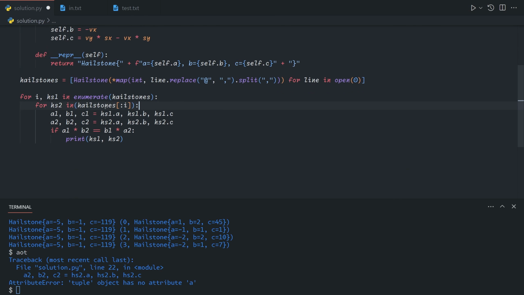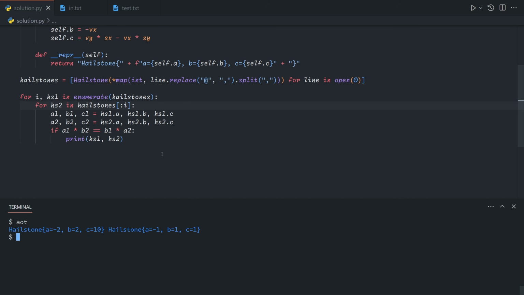I forgot to remove this enumerate. Okay, so these are the only set of hailstones that are parallel. Let's check what their actual values are.